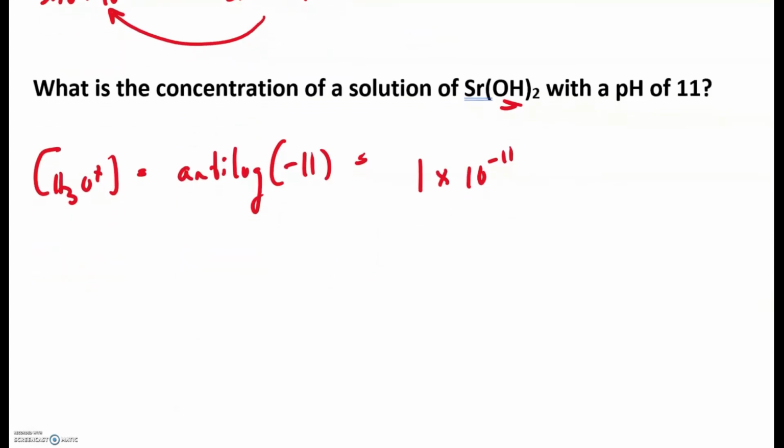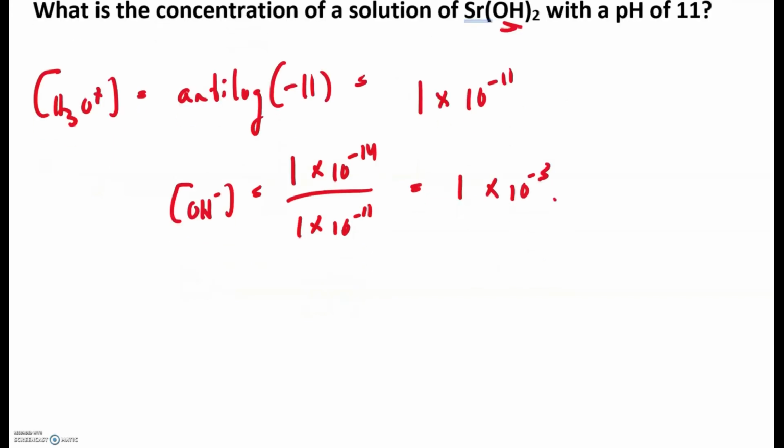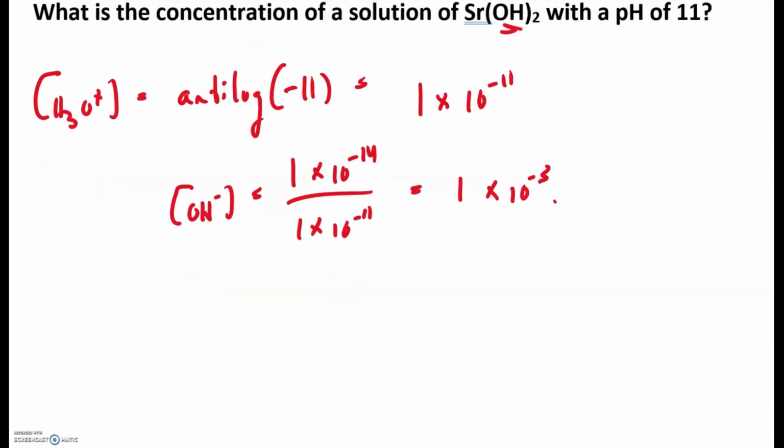Now, we could find OH minus a couple different ways. Since we know H3O plus, we can find OH minus by dividing 1 times 10 to the negative 14 (Kw) by 1 times 10 to the negative 11th, and that gives us 1 times 10 to the negative 3rd. Or we could use this calculation to find pOH. It's equal to 14 minus pH.